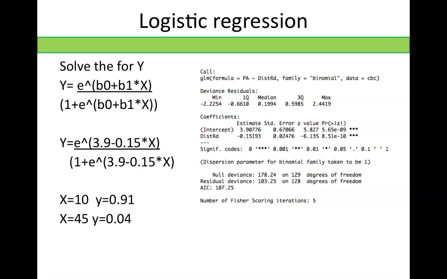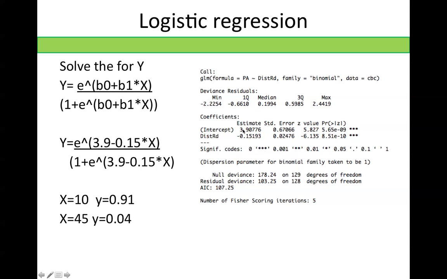We've changed this to family equals binomial. And here we have the equation once we've solved logit y for x. So the equation ends up looking like e raised to the beta 0, the intercept, plus the beta 1 coefficient times x, divided by 1 plus e raised to the beta 0 plus beta 1 times x again.